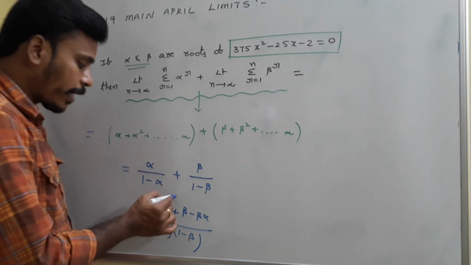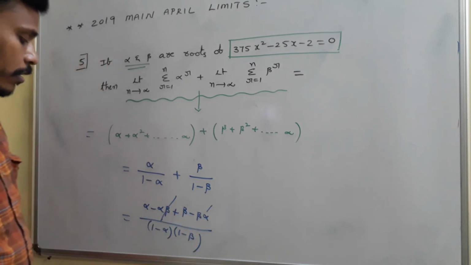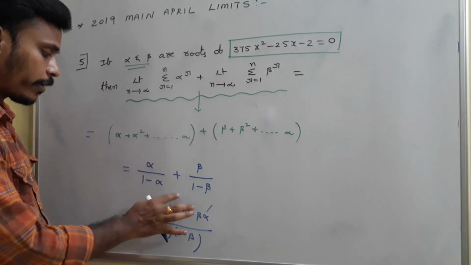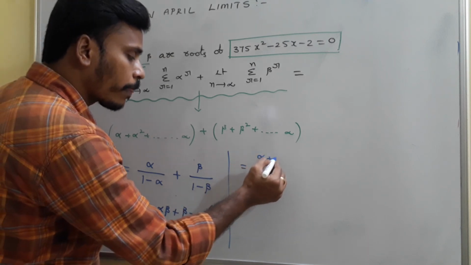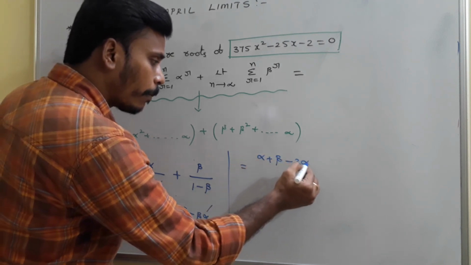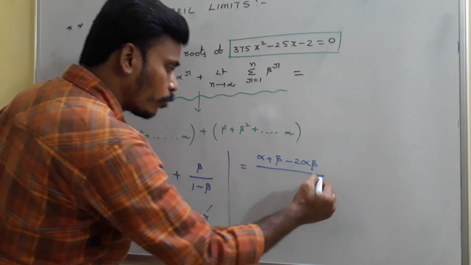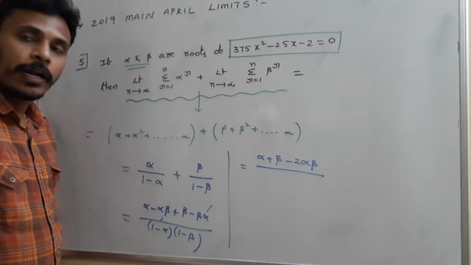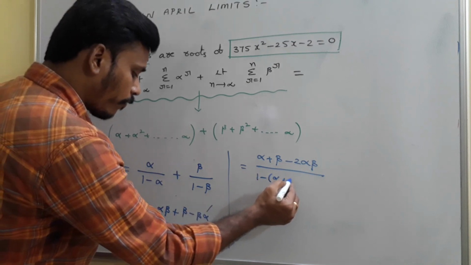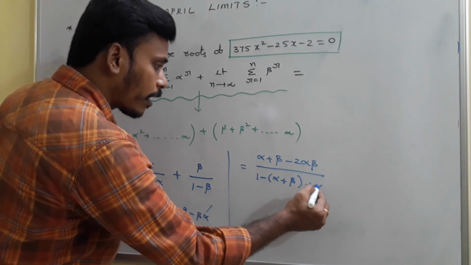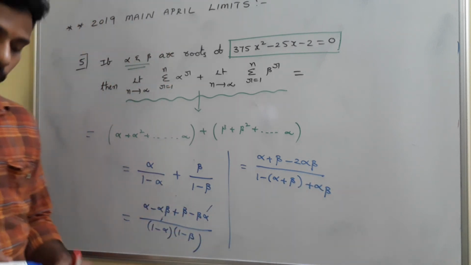It's very clear, minus alpha beta, and this is also minus alpha beta, right? So what we have is alpha plus beta minus 2 alpha beta as numerator, and for the denominator you just multiply these two: 1 minus of alpha plus beta plus alpha beta. This value we need to find.